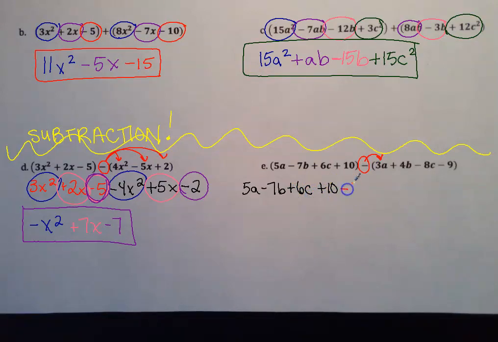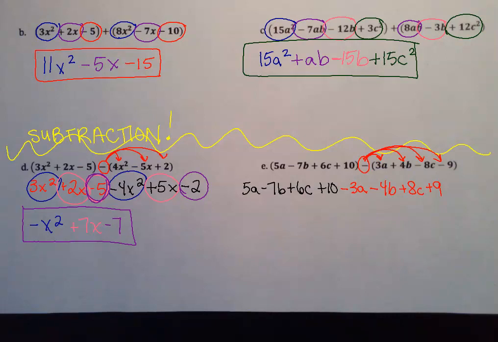So then we're going to have minus 3a. Negative times positive 4b is negative 4b. Negative times negative 8c is a positive 8c. Negative times negative 9 is a positive 9. That's the part that changed.